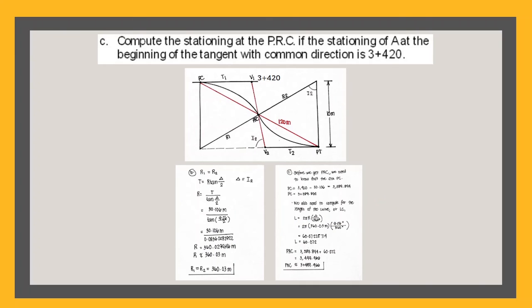Now we could get the stationing of the PRC just by adding the station at PC and the length of the curve, which is 3,389.894 plus 60.072, which is equal to 3,449.966, or PRC rather, is equal to 3 plus 449.966.